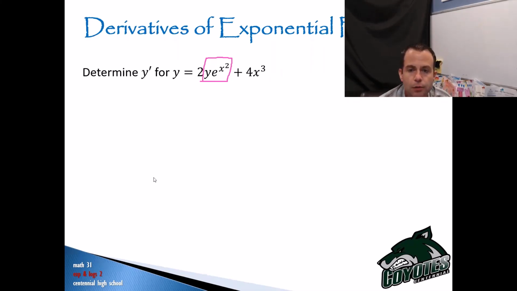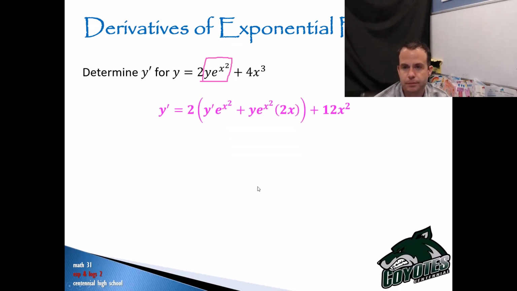So that gives me this. Now, I will distribute this 2, and that 2 is also in front of this term. So this is going to be 2y prime e to the x squared plus 4x y e to the x squared plus 12x squared.